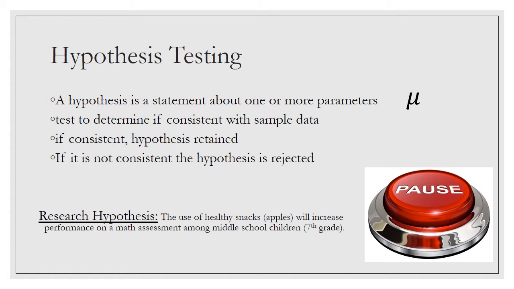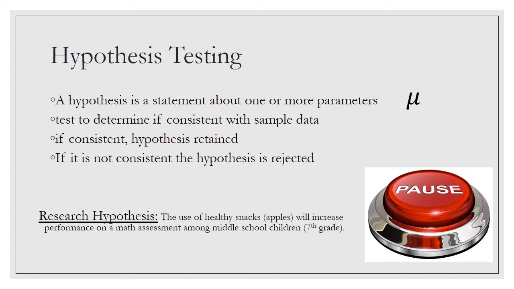So instead of collecting all of the population data, which is probably not possible on all middle school students in the country, I have a smaller targeted group, which we're calling our sample. Ideally, it's a random selection process. So my hypothesis really is about the population, not about the sample.